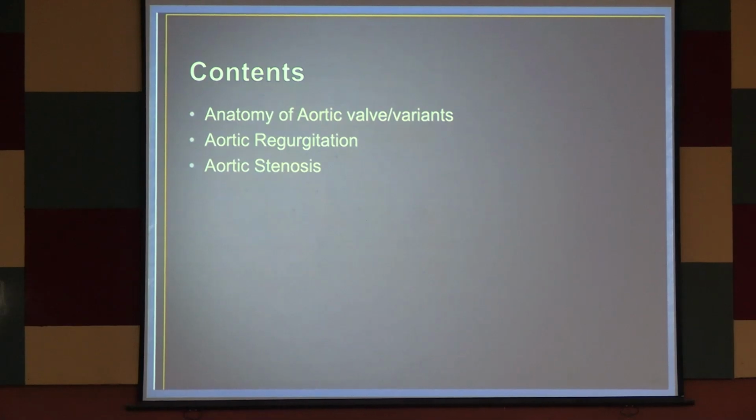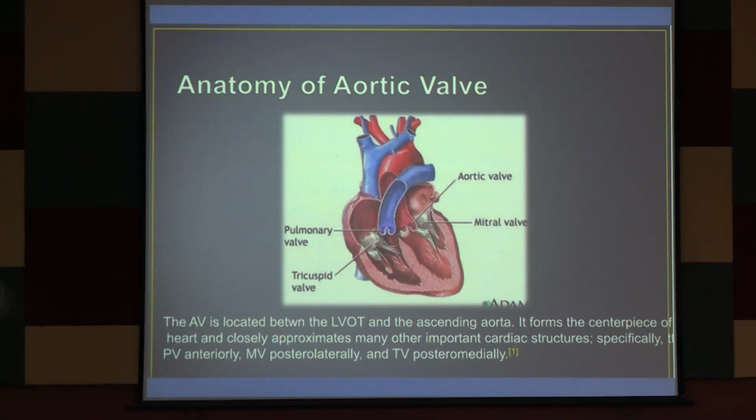So abnormality of any component may produce valvular lesions like aortic stenosis or aortic regurgitation, and a combination of these two. Anatomy of aortic valve already described.